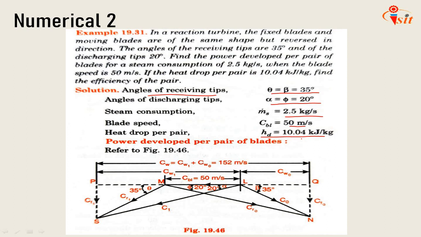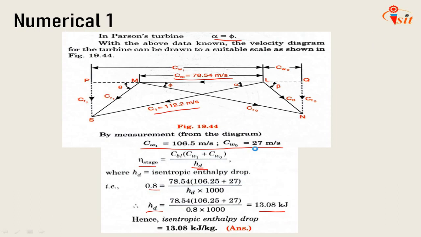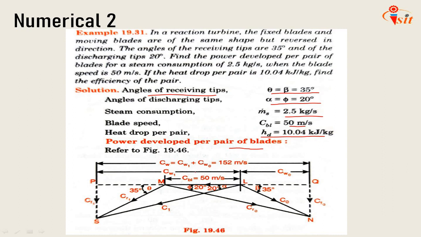What is the efficiency equation? That is nothing but the work done per kg of steam divided by the heat drop HD. Before that we need to calculate the work done or power developed. So we are going to calculate the power developed per pair of blades. Here we draw the velocity diagram.